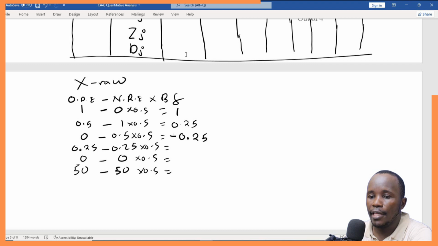Let's come here. This is 0.25 minus, let me use my calculator here and confirm the answer we are going to get. Here we have 0.